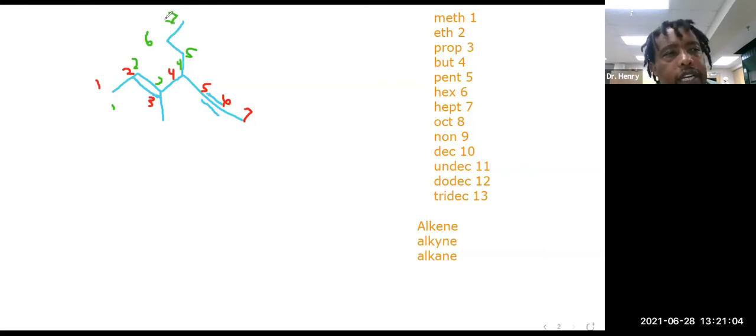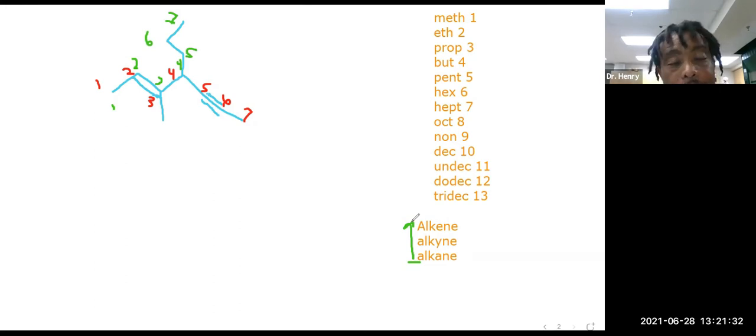So I want to try to get the one that has the most structures in it, that also has the smallest number on the one that has the most priority. So who has more priority, the double bond or the triple bond? Now remember, down here, this is the order of priority. As we go up, you're more important.